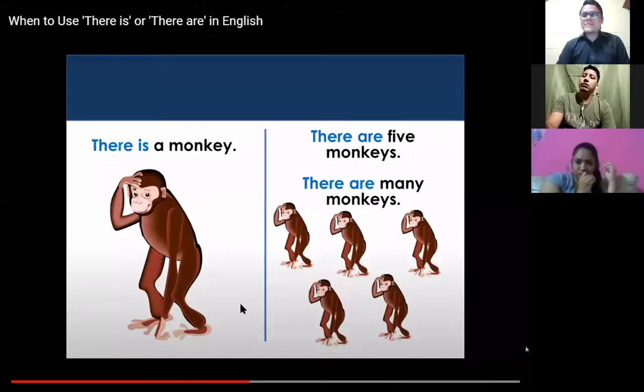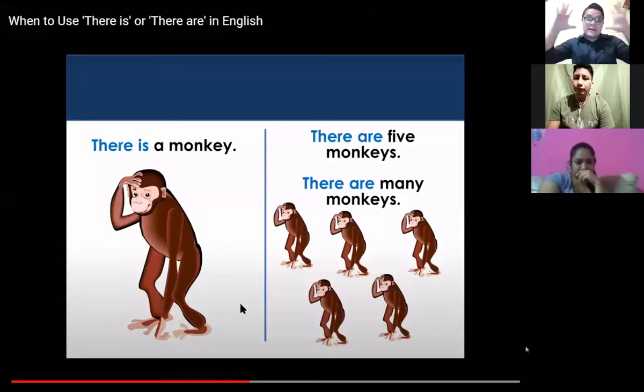So it all depends on the quantity of the item you have. But remember that some is for an average quantity, and many is for a lot of items of the same kind.